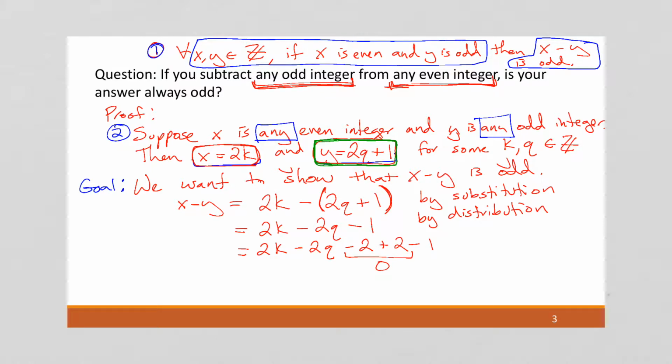Right? So I'm allowed to do that by adding 0. And how does this help me? Well, I'm going to rewrite this as 2k minus 2q minus 2, and then I'm going to combine this last part. So this is plus 1.